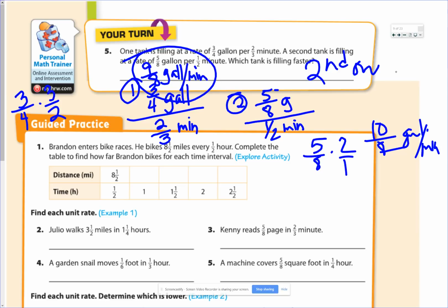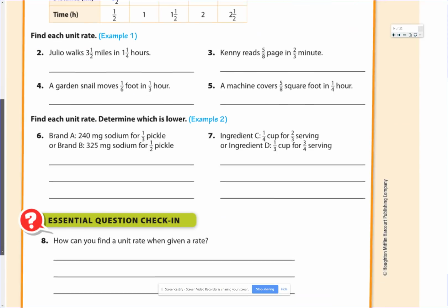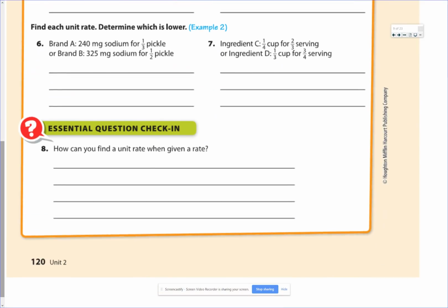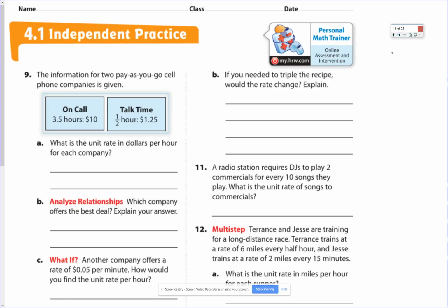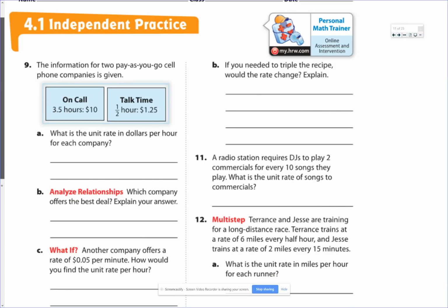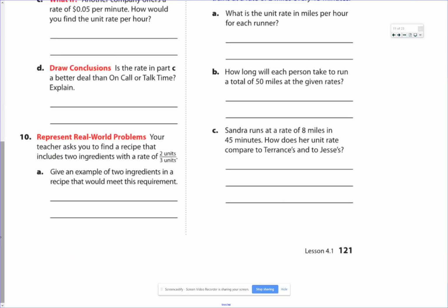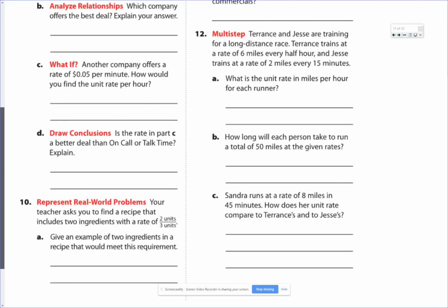There you go. Cool. So here's what I want you to do. Now that you've gotten those ones done, let's go ahead and have you start working on page 120. Do all the rest of these ones in the guided practice. Do the next page, page 121. That's going through problem number 12.